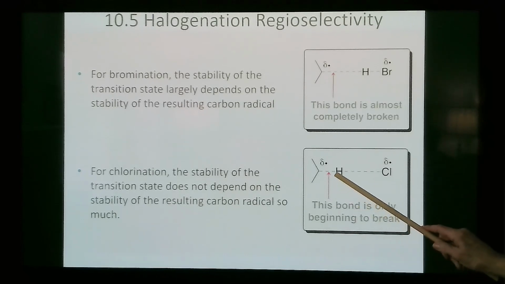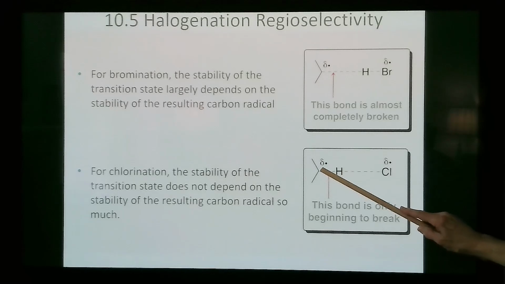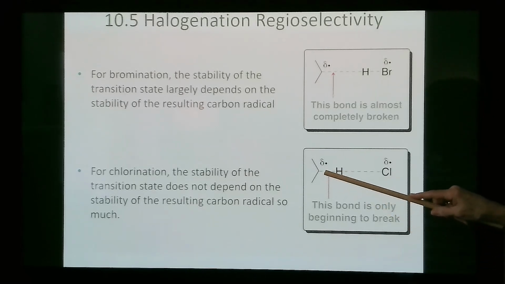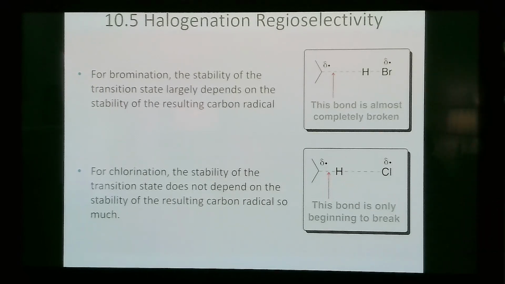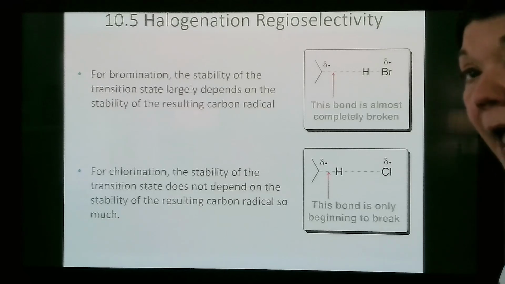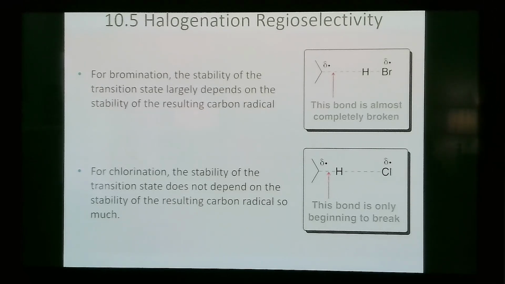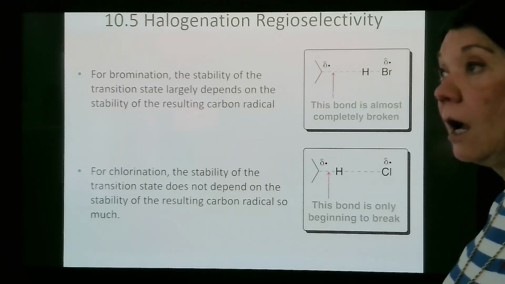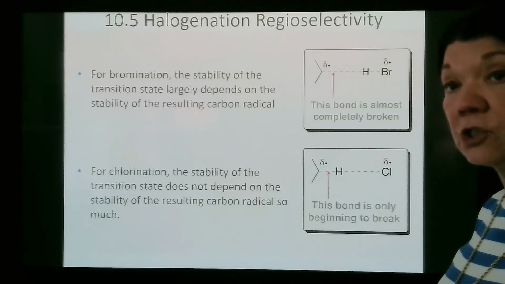And so here, in chlorination, it doesn't depend so much on the stability of the radical that's being formed, and so that makes the stability of the radical have less effect on the regioselectivity.